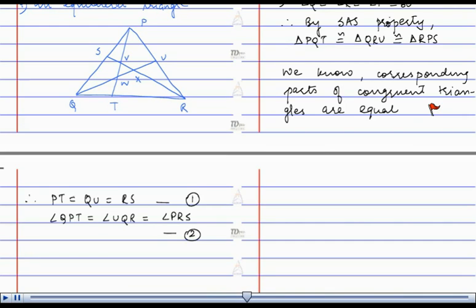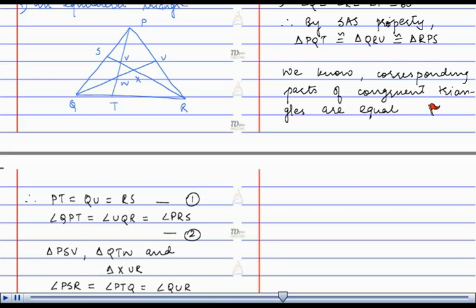Now take triangles PSV, triangle QTW and triangle XUR. In these triangles we have angle PSR is equal to angle PTQ is equal to angle QUR.